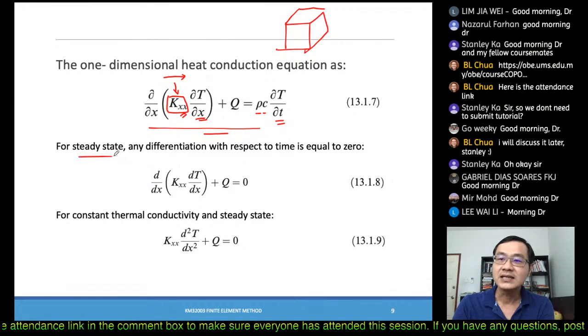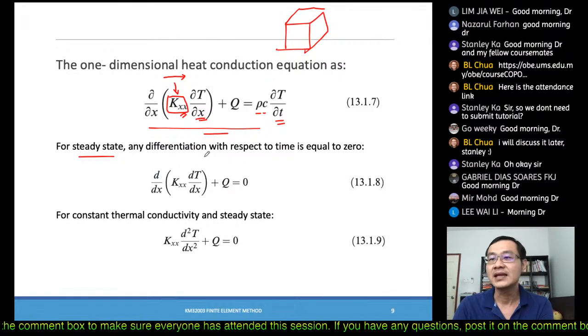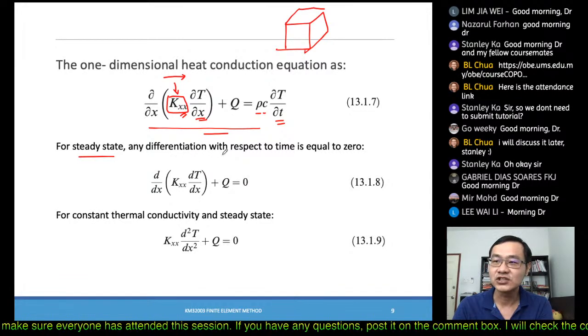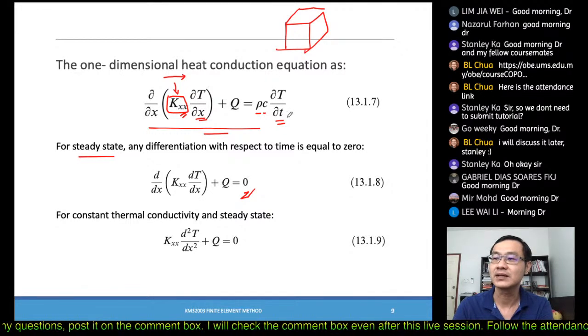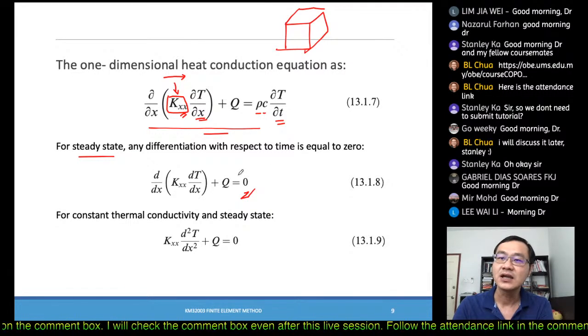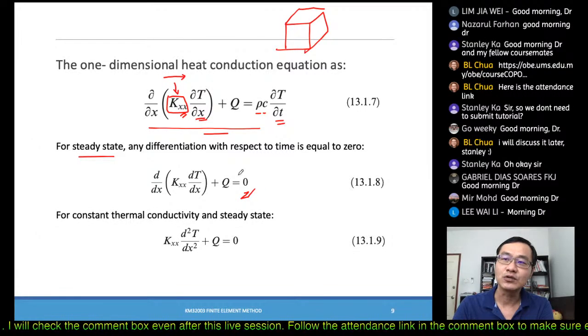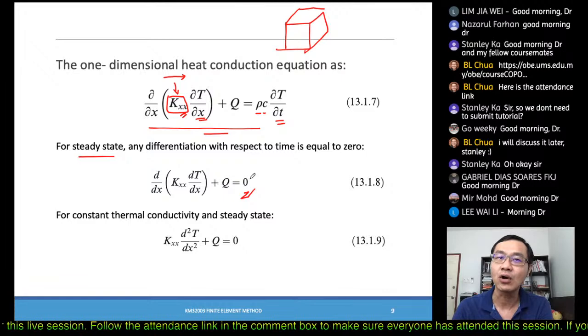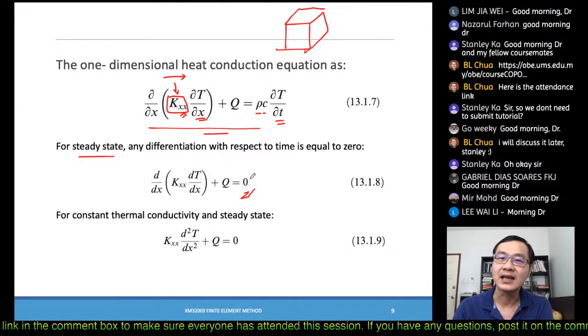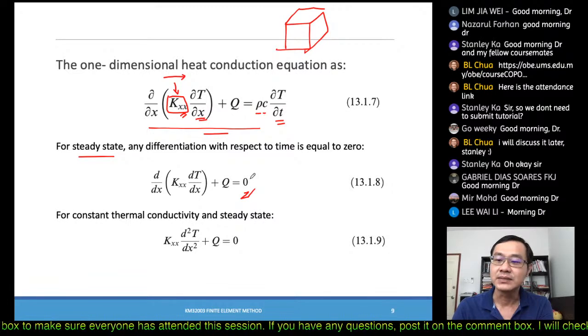When our case is a steady state, the differentiation with respect to time will give us 0. So this part becomes 0, meaning when it is steady state, there would be no change in the energy stored in the element itself, because in and out have become steady.